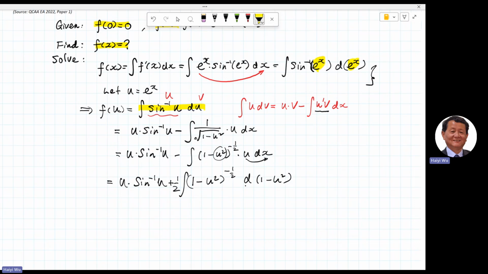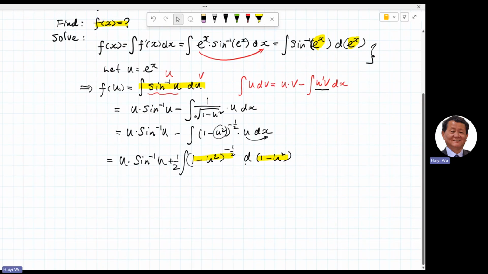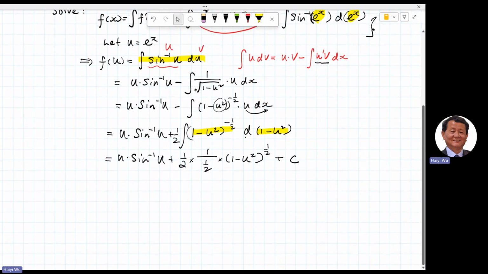So now you can see this is a pretty simple way to do it. So u inverse sine u plus half, then n plus 1, so half times 1 minus u to the power of 2 becomes half, plus c. Now it's easy to finish.